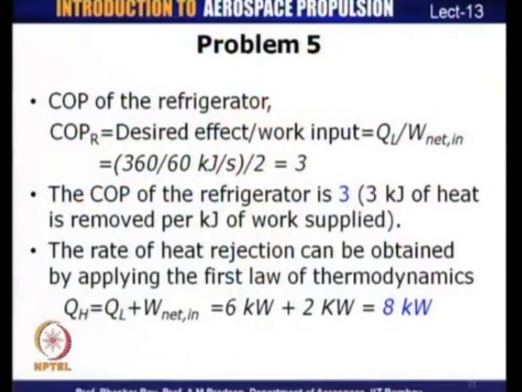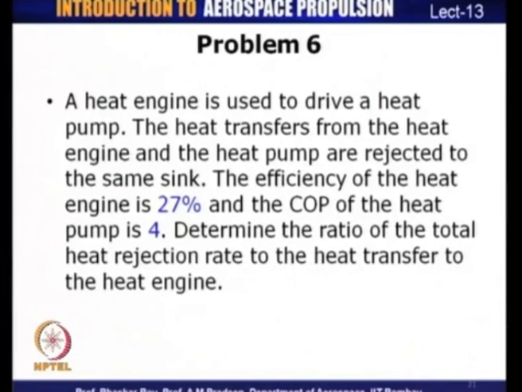So, 6 by 2 is equal to 3. The second part of the question was to find the rate of heat rejection from the refrigerator to the surroundings, which is QH equal to QL plus W net in, that is 6 kilowatts plus 2 kilowatts, which is 8 kilowatts.